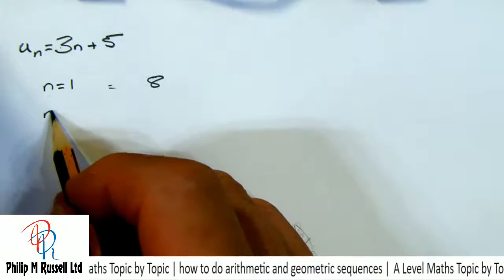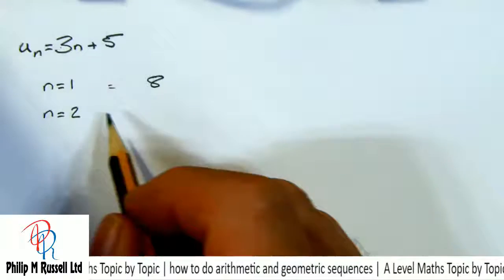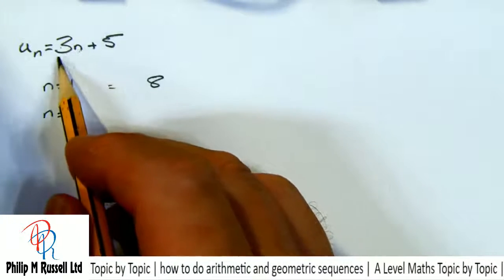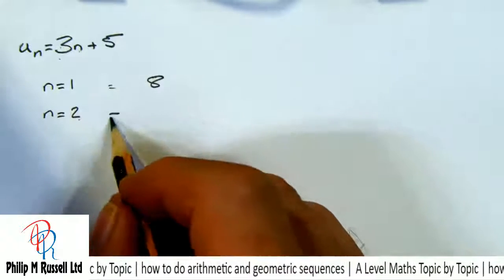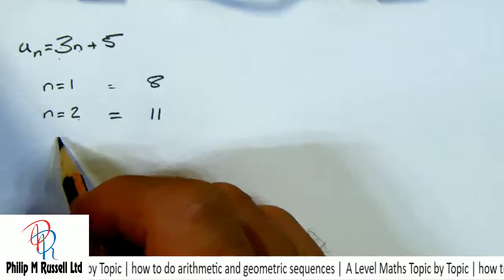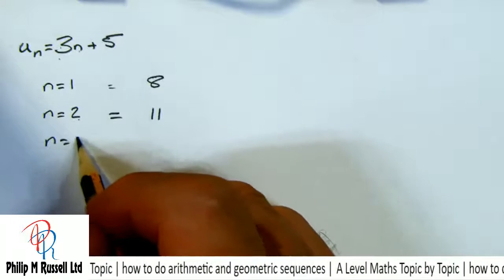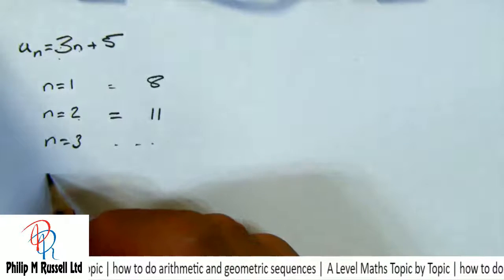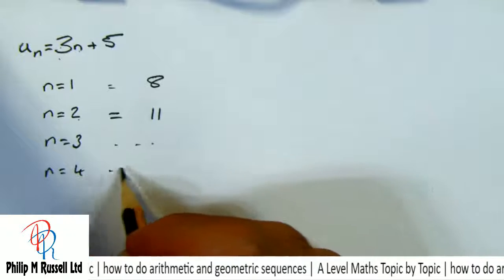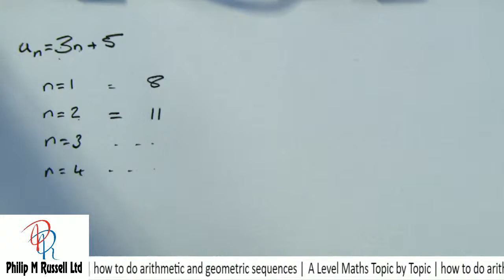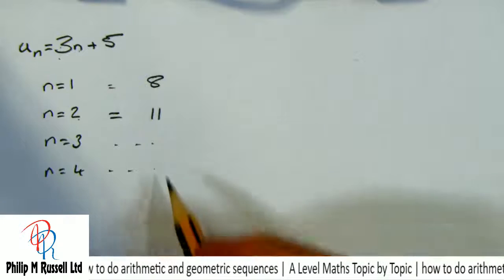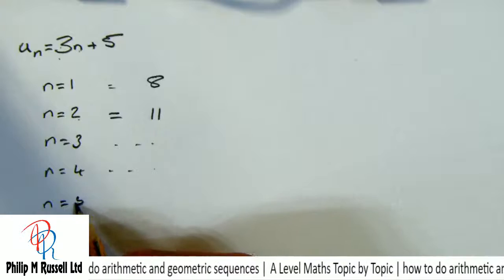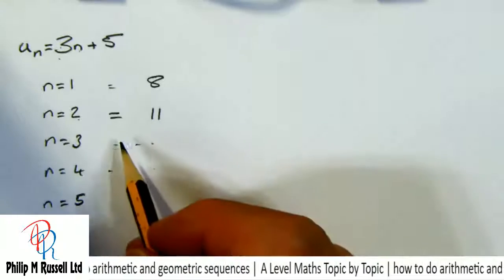If n is equal to 2, then 2 times 3 is 6, and 6 and 5 make 11. So we can go through all of these numbers one by one, working out our sequence. Maybe we're asked to work out the first 5 numbers of a sequence.